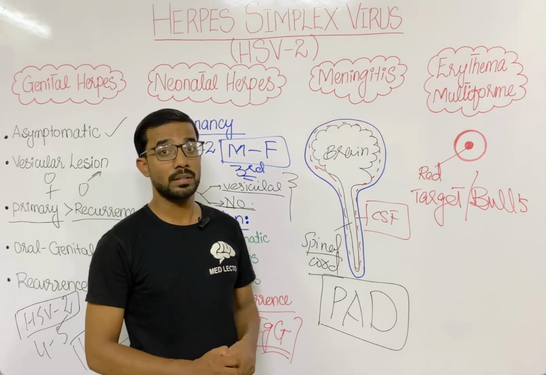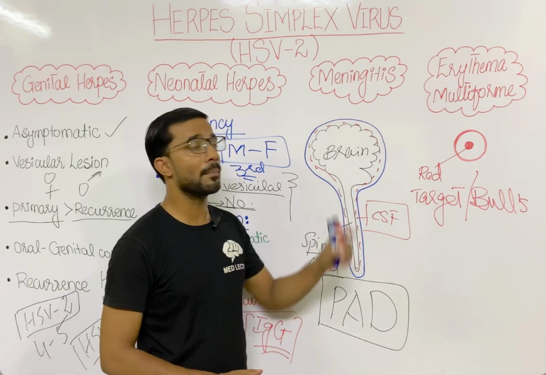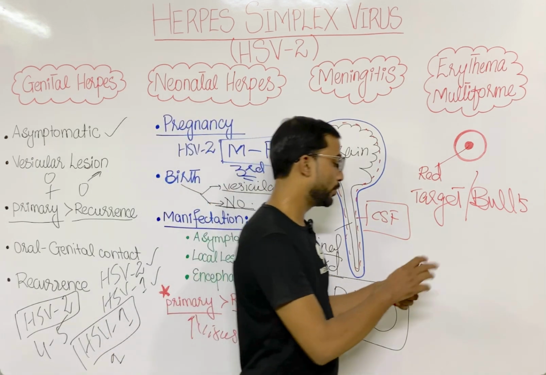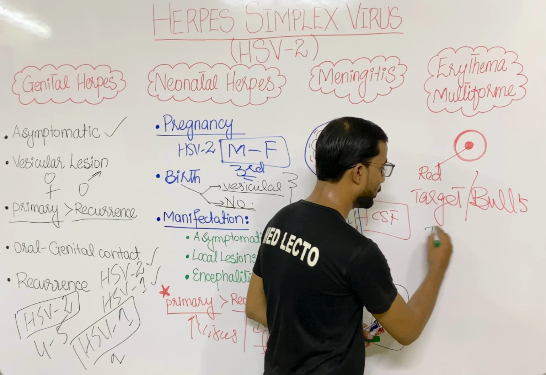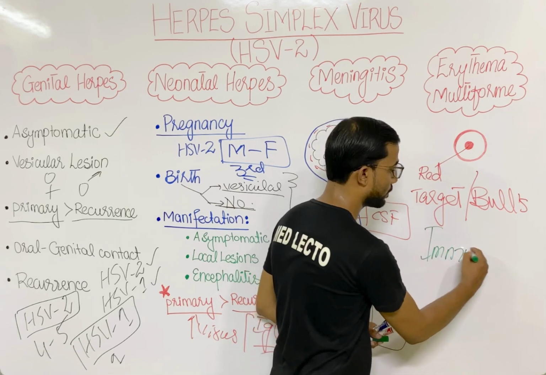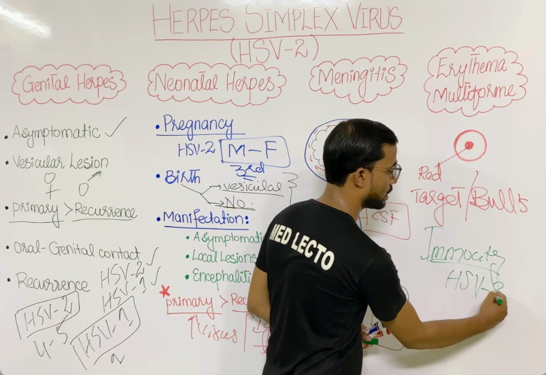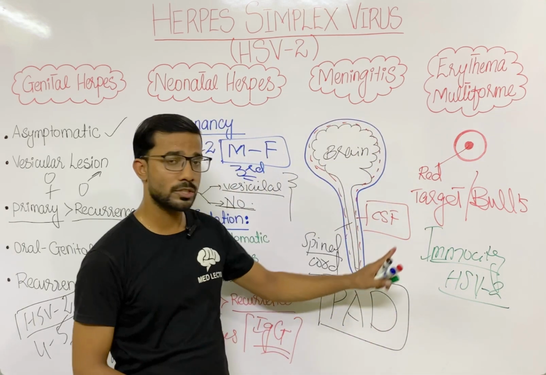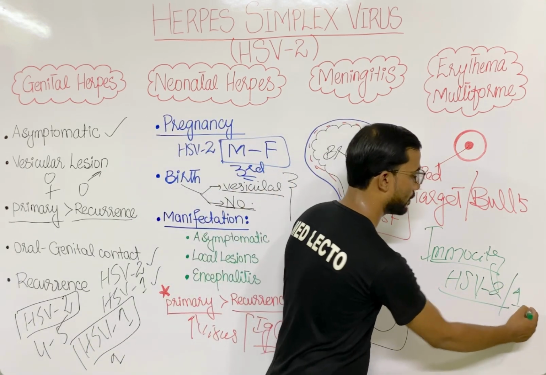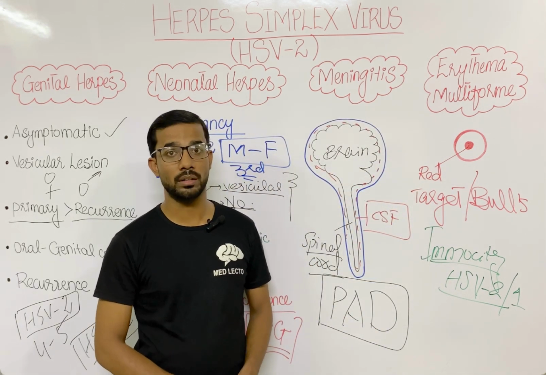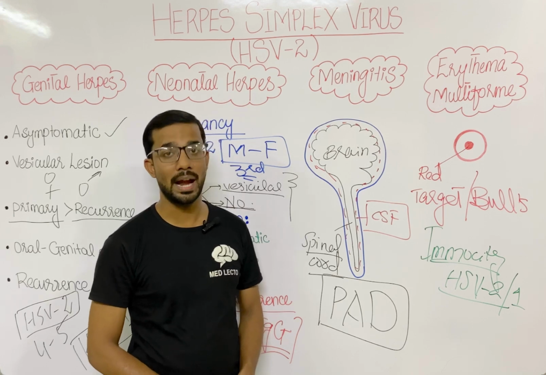It is considered that erythema multiforme is caused by immune reaction against herpes simplex virus type 2, and it can also be caused by type 1. Ultimately you will see the erythema multiforme rash on the trunk, feet and hands.